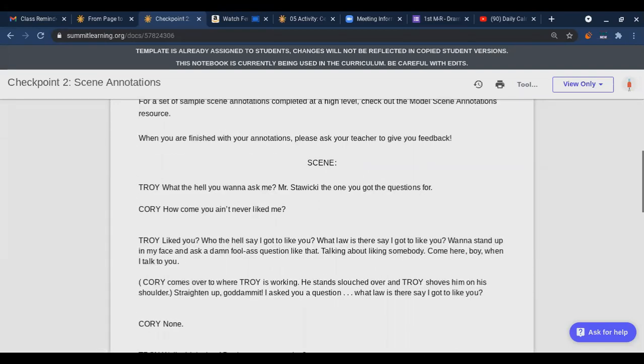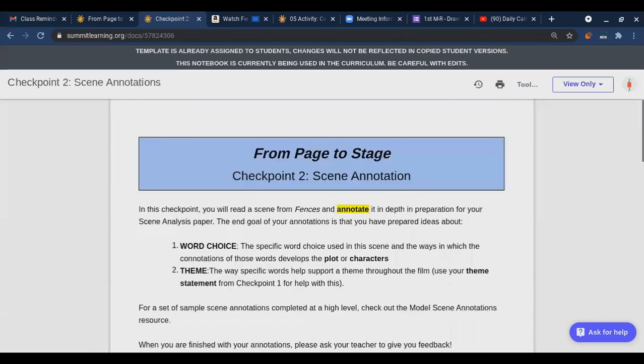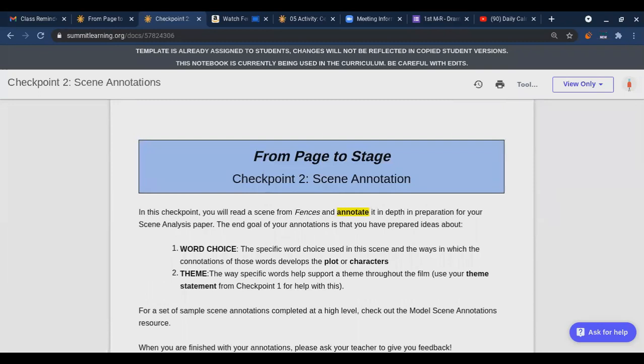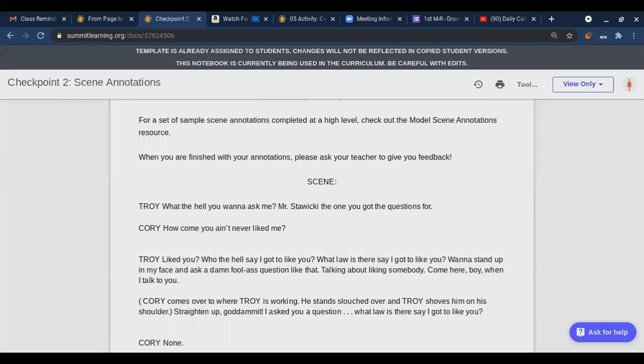I wanted to pick a scene that I know we've all already seen because not everybody has access to the movie outside of class. But if you've been in class, you've seen this scene already, so you should have an idea of that in your head.